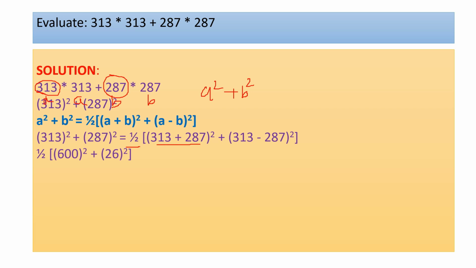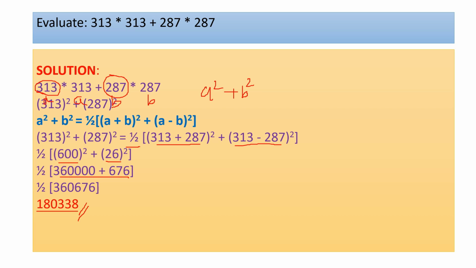On adding we are getting 600 square, and on subtracting we are getting 26 square. We take the square of the two values, add them, and divide by 2. As a result we are getting 180338.